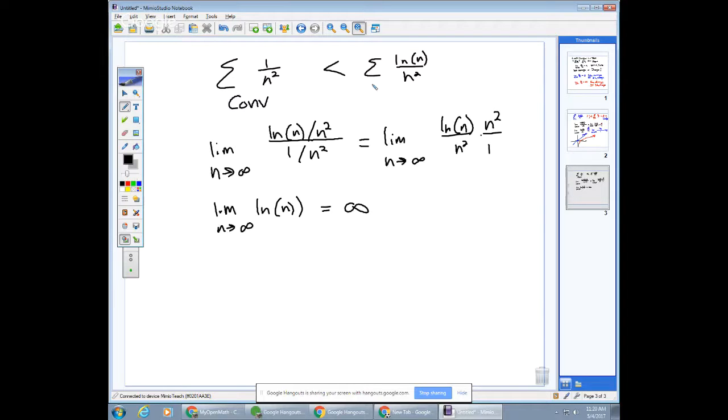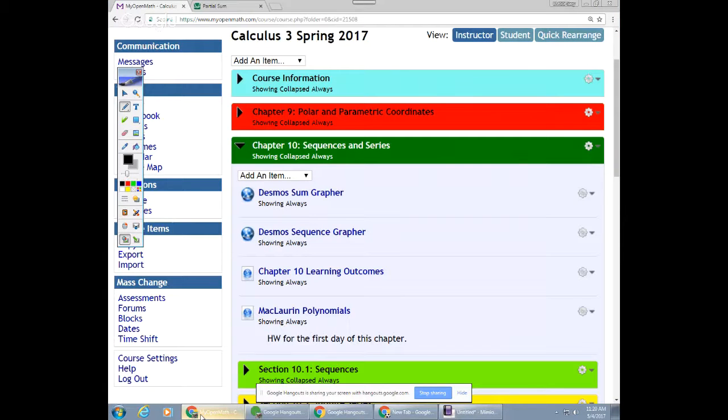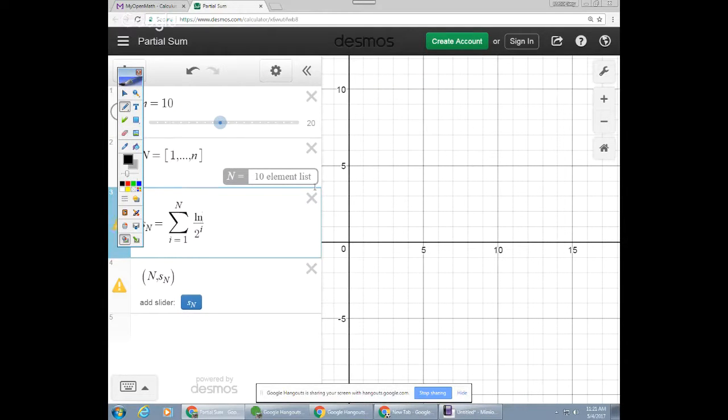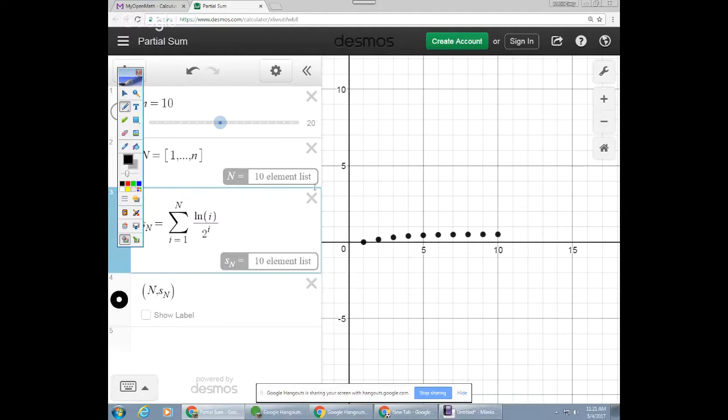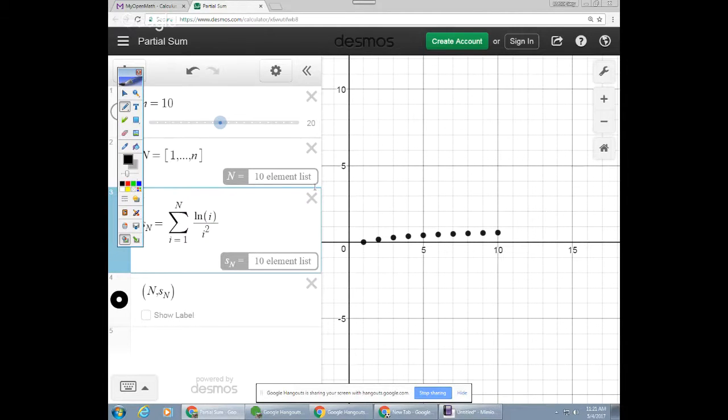So sometimes what I'll do is list the terms to see if I can look at it and decide numerically. Oh man, this is not a good thing. I should stop looking at it. So I'm just going to go over here and plug it in. We have the natural log of i, and down here I have i squared, right?